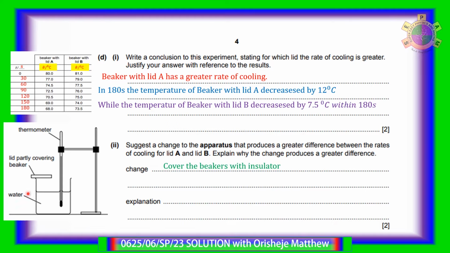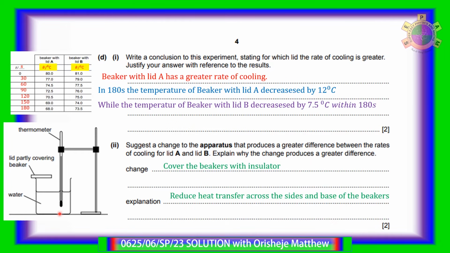It can be paper, it can be lagging material, wool, or a bit of cloth. Why did you decide to cover the beaker? So you give the explanation. The reason is to reduce heat transfer across the side and the base of the beaker.